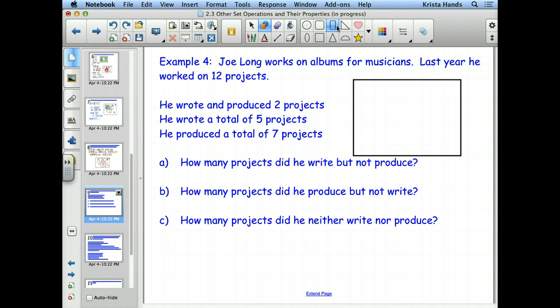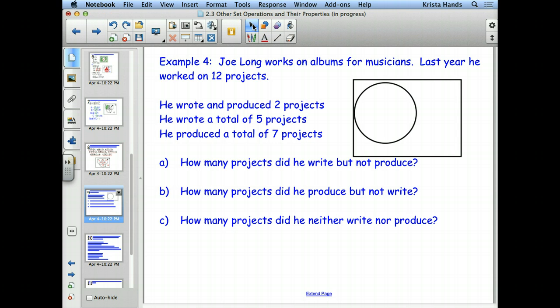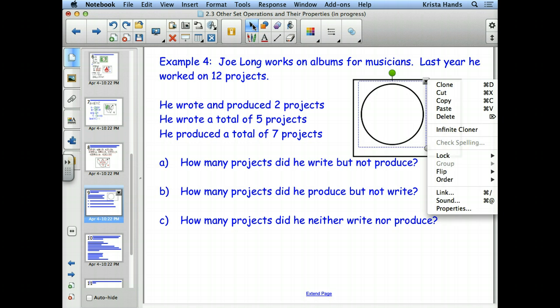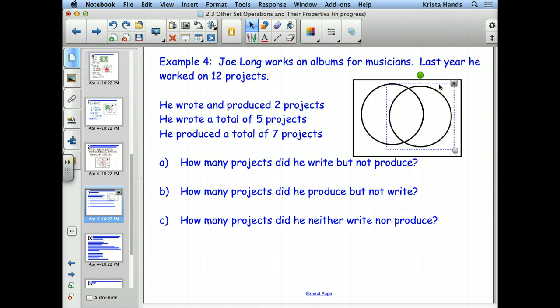How many different circles will my Venn diagram have? It's just 2. What will the circles be? Wrote and produced. Those are my 2 circles. So I just need 2 circles on this one. You can call your circles A and B if you want.